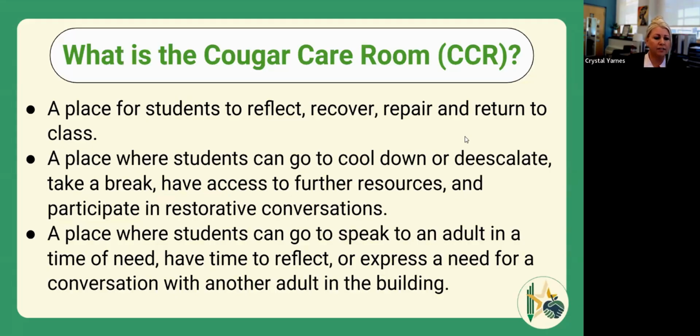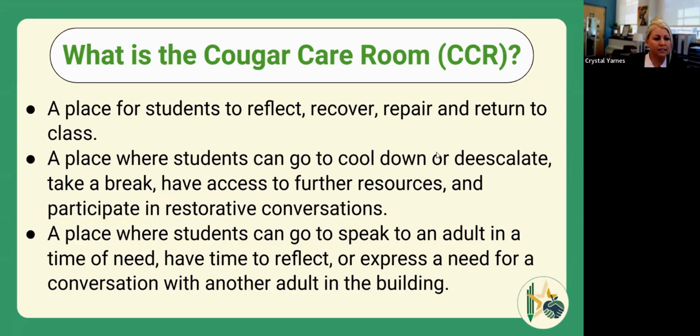Generally the main office is filled with students and students in crisis, students who need different people or things. And really you want the main office to be a space where you can have visitors and community members coming and going, and not be seeing these different students in crisis or students in need.